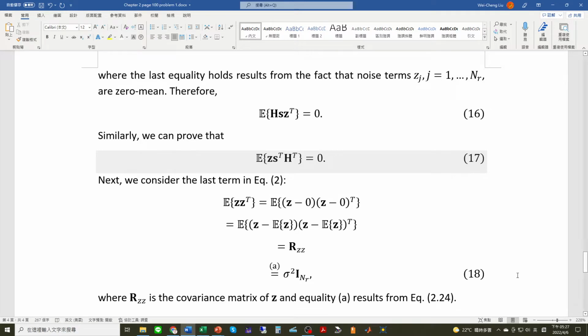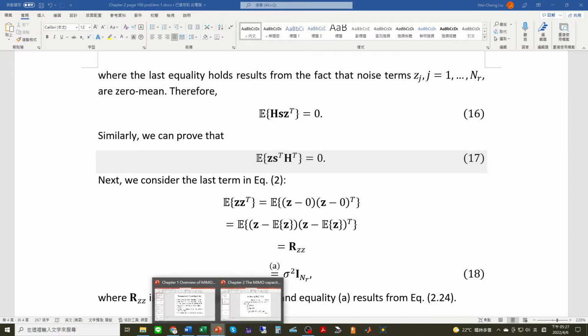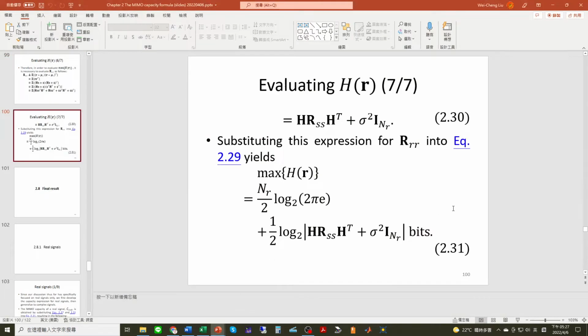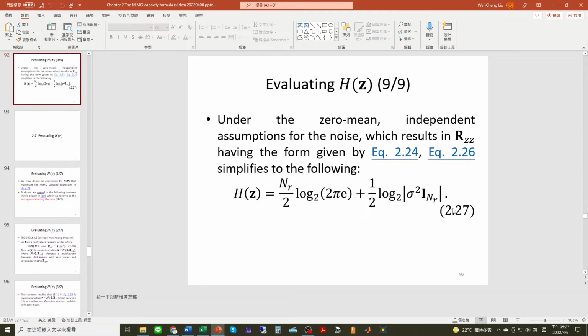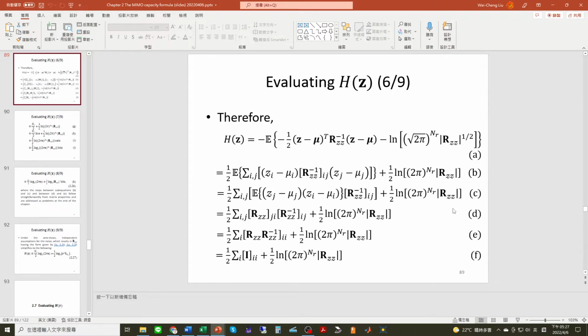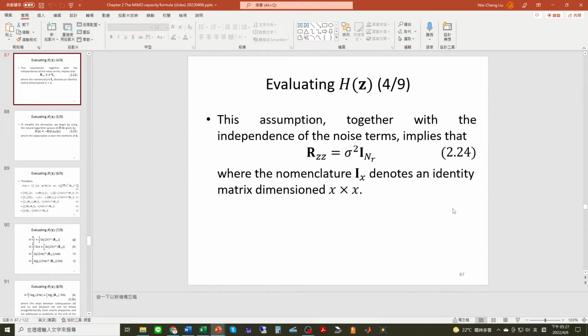Okay, let us see equation 2.24. This equation says R_zz is equal to sigma squared times I_NR.